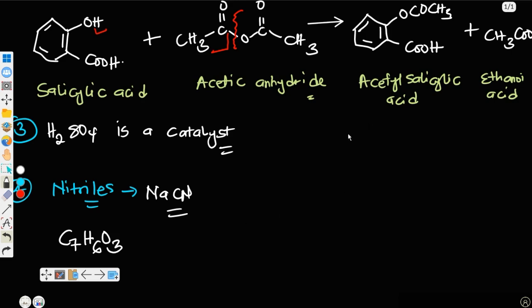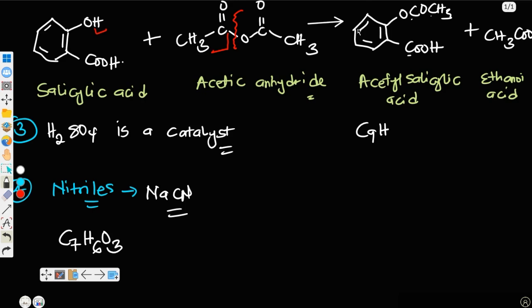So you have it as C7H6O3. Now, how about acetylsalicylic acid? How many carbons? Totally, in the benzene ring, you have 6 carbons, plus this one 7, plus this one 8, plus this one 9. So this will be C9H. How many hydrogens are here? Each of these has one hydrogen each.